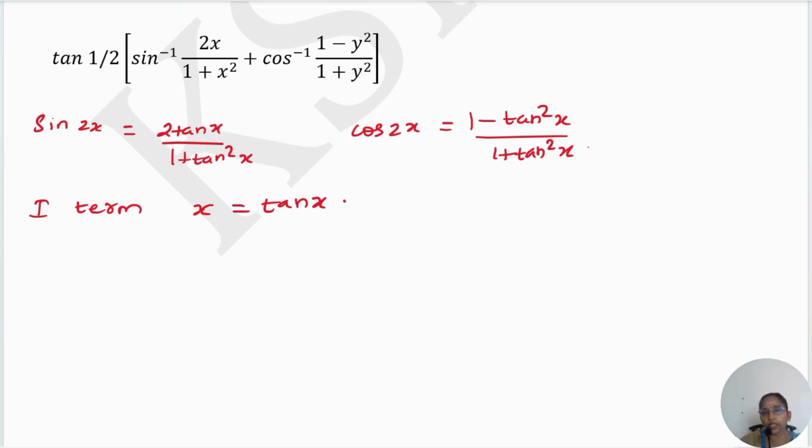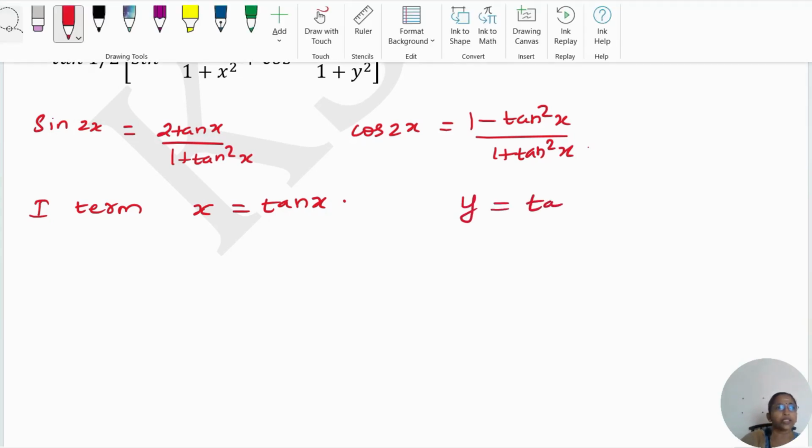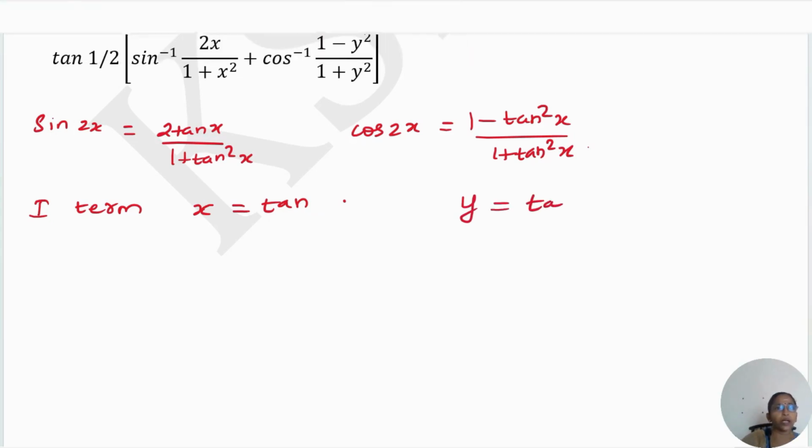So in order to differentiate x and y, here we are considering x equal to tan theta and y equal to tan phi. So we are taking theta and phi. Now substitute the values.